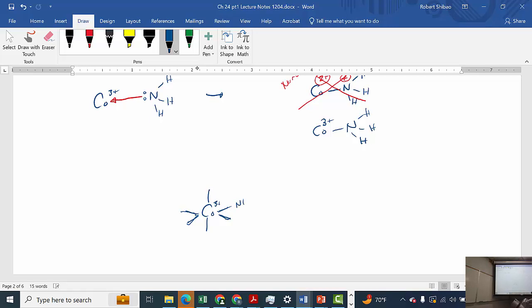Then the ammonias come and bond in here with the lone pair. So now the lone pair is gone, because the lone pair was used to make the coordinate covalent, or dative, bond. Now the nitrogen's bonding here, so I'm going to write these ammonias backwards. This is not to say it's a triprotic acid. It's just to show that nitrogen's bonding.